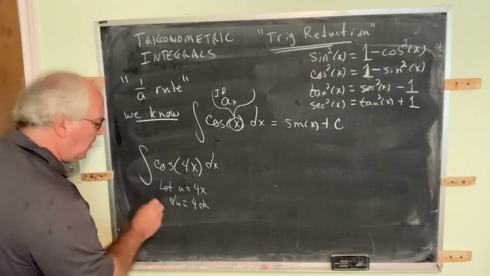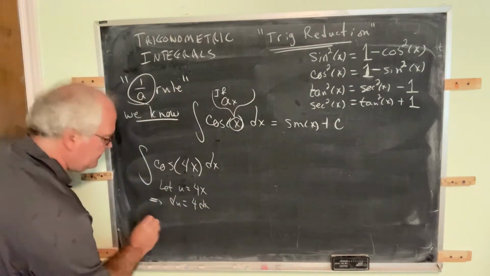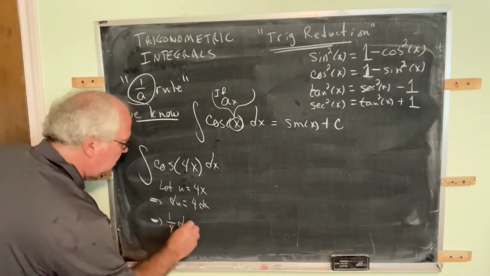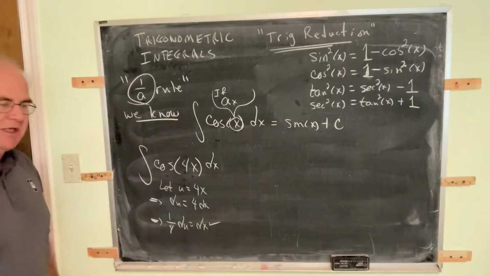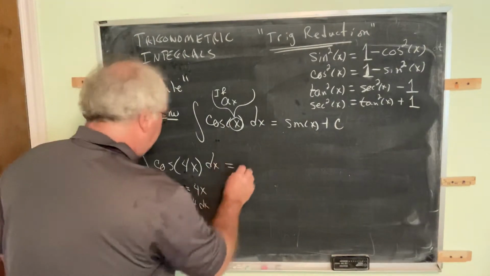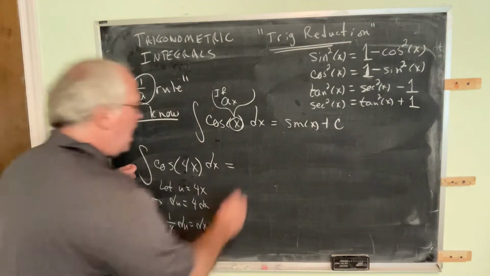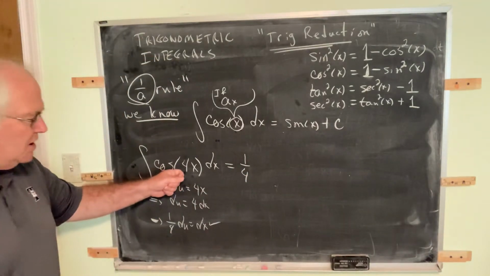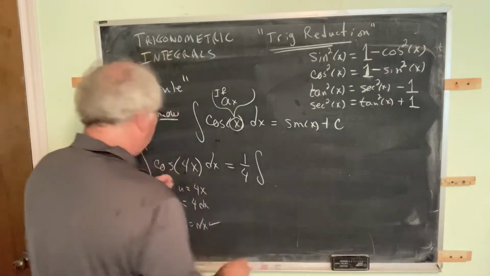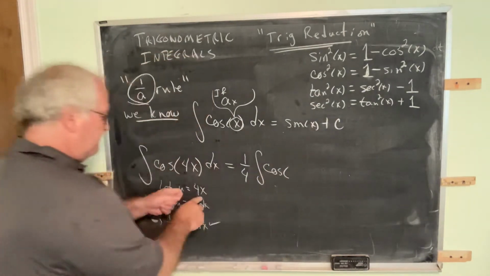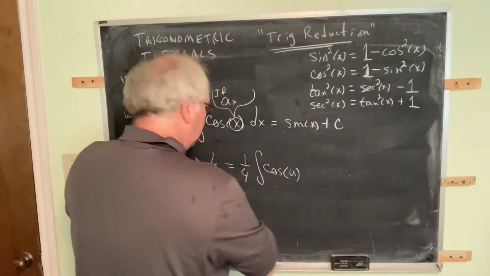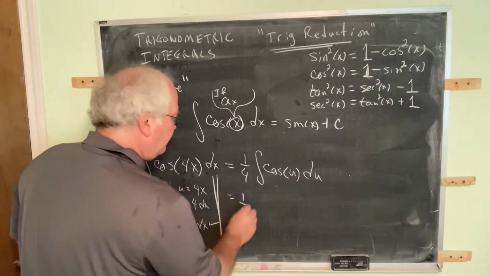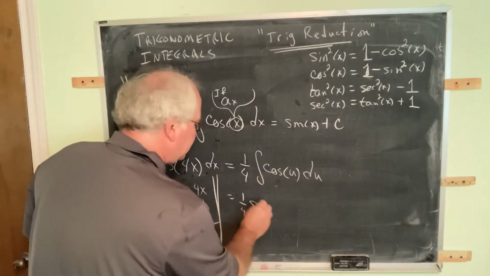To get rid of this 4, you see where the name comes from, we write this as 1 over 4 du is equal to dx, and now the substitution is exact. So when you substitute, the constant multiplier is 1 over this coefficient. So this is 1 over 4 times the integral of cosine u du. That's a basic form. So this is 1/4, and the antiderivative of cosine is sine.